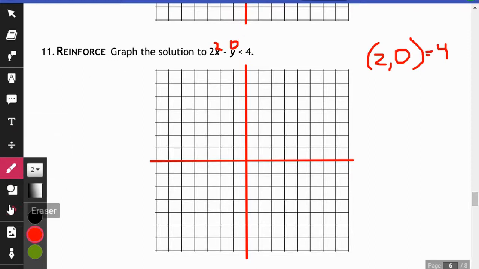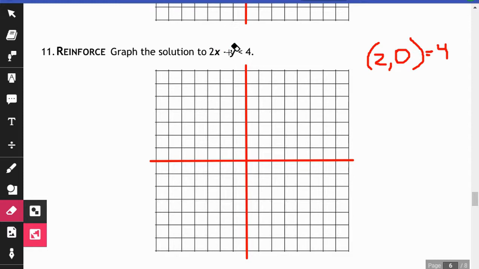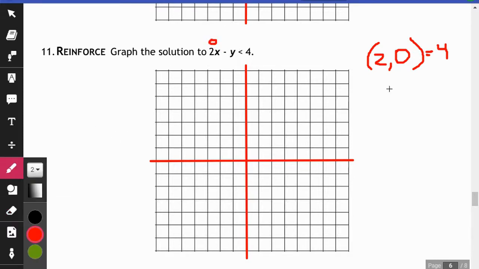Another thing we can do is make the other one 0. If x was 0, then we'd have 0 minus what makes 4? Well, minus a negative. So I'd have to have minus a negative 4. Okay, so I'm going to graph these 2 points.